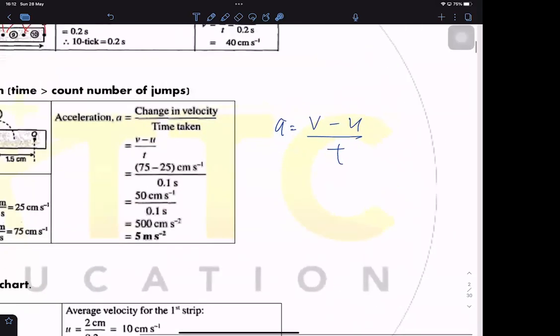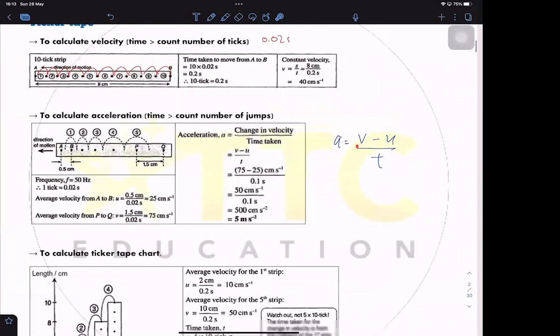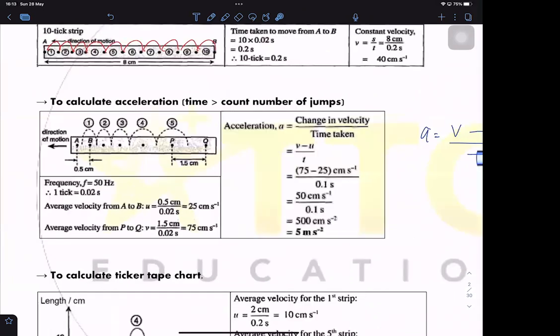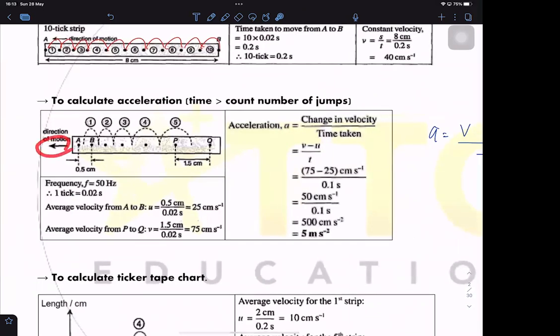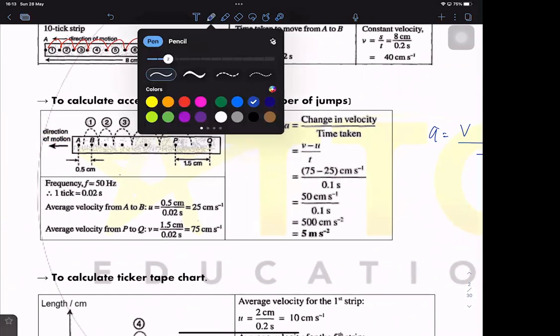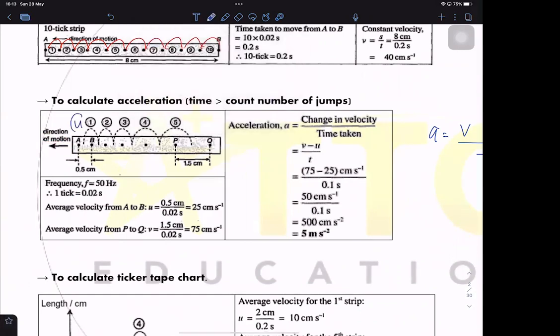So v is final velocity, u is initial velocity. Which one is final, which one is initial? You have to look for the arrow. The arrow will always be pointing to the start. So you see arrow pointing to the left, so the left is the start. We can say this is the initial, then the other side is the final, the ending.